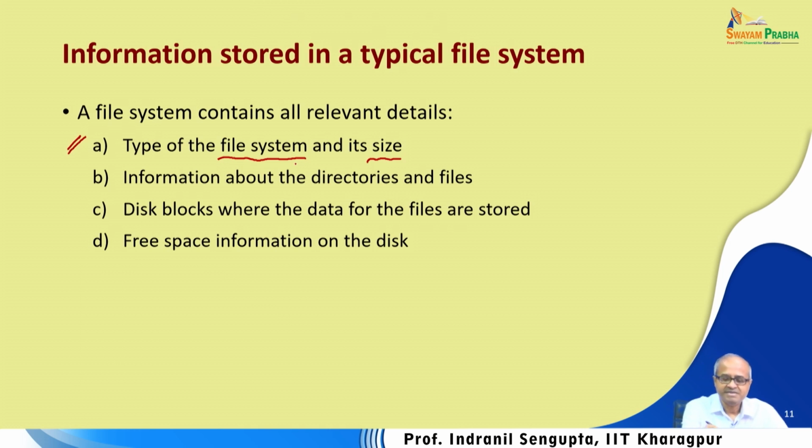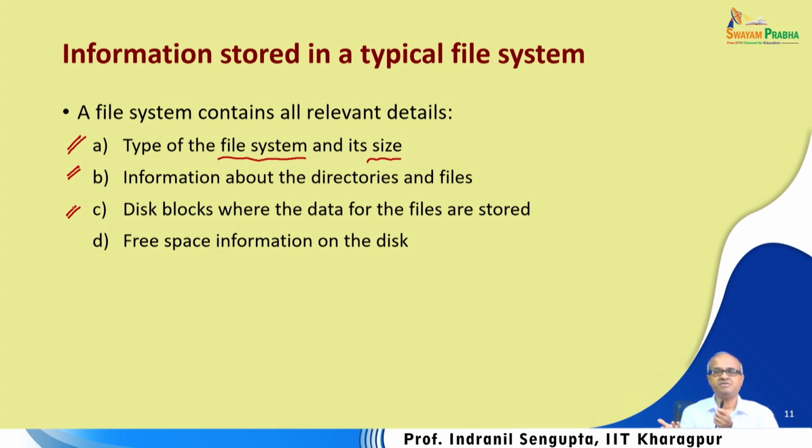And secondly, it must keep track of all the directories and files. Somehow you must store information about all the directories and all the files in the file system. And for all the files, you need to keep track of where exactly the data in the file are getting stored.